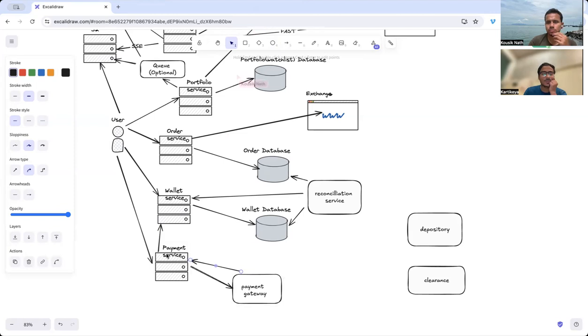Now the payment service propagates that information to the wallet service. So wallet service will take that transaction ID, and it will go to the wallet database. The wallet database should have two tables here.